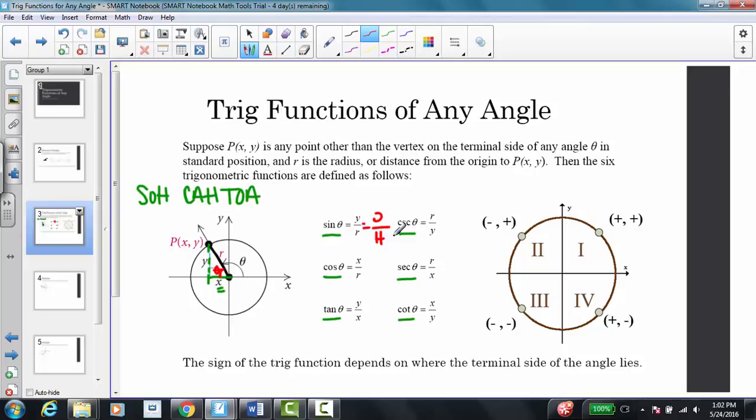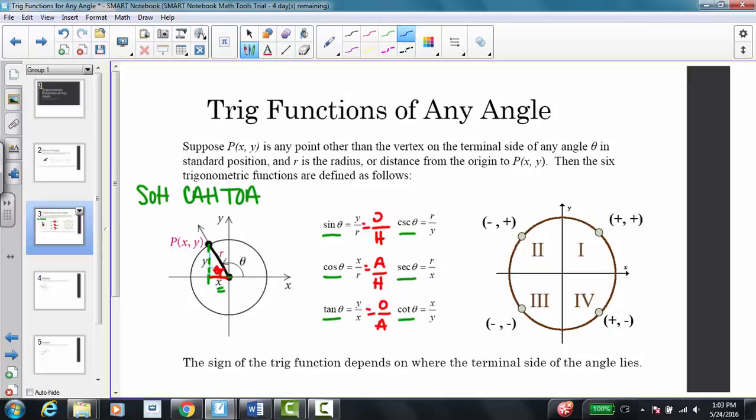Similarly, for cosine, the side adjacent to that angle is that x distance, and r is the hypotenuse of my right triangle. Same thing with tangent. We have y being my opposite side and x being my adjacent side. So now you can really see where these ratios are coming from and how we can use them interchangeably with the SOHCAHTOA that we've been using thus far.